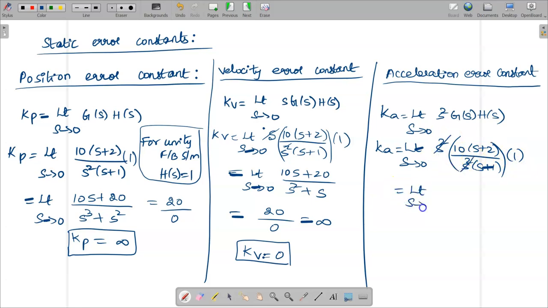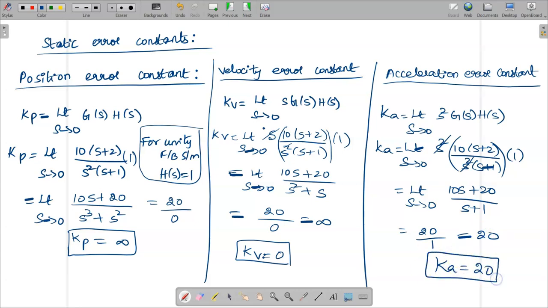Simplify your term: 10s plus 20 divided by s plus 1. Wherever you have s, substitute s equal to 0. This term becomes 0, numerator we have only 20, divided by 0 plus 1, which is 1. 20 by 1 is 20. So acceleration error constant Ka is nothing but 20.